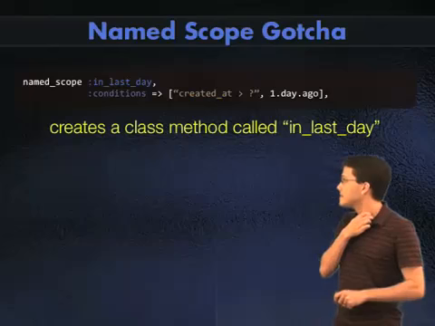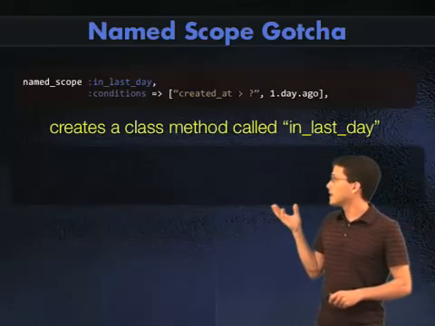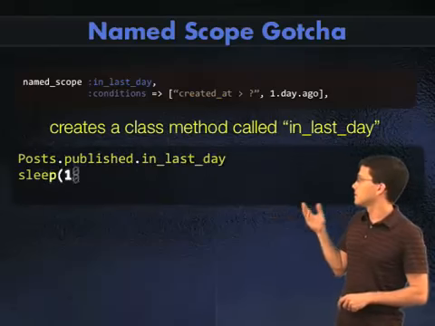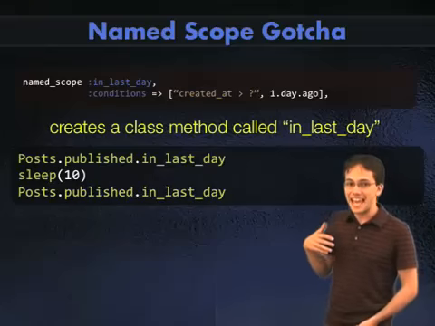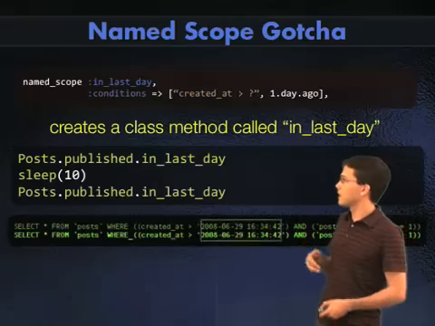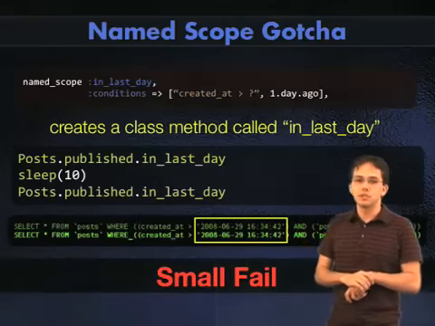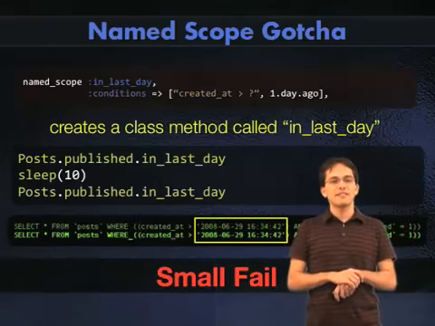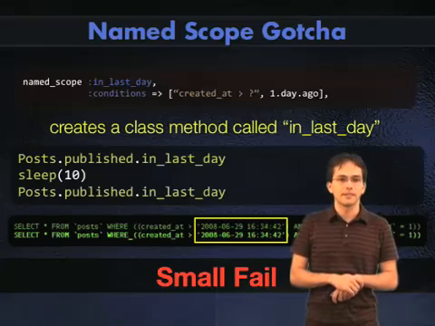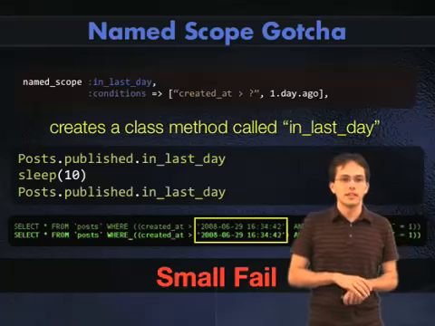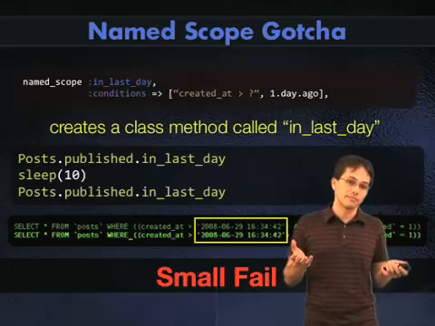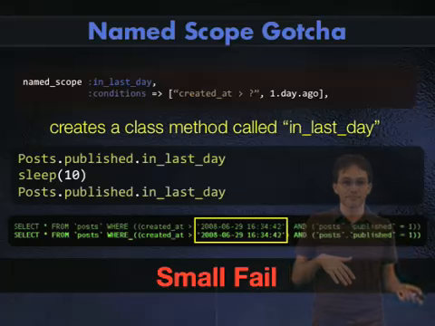Unfortunately, what this means is that if I ran publish.inLastDay, slept for 10 seconds, and ran it again, if I looked at my log file, this is what I would see. I would see that between the two queries, they have the same date and time. Interesting. So what that tells me is that 1 day ago is only getting called the first time and not the second time.